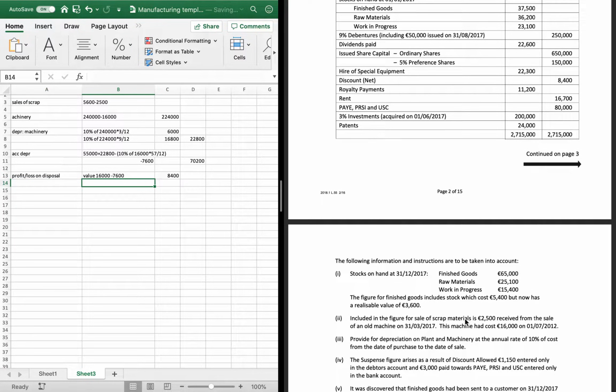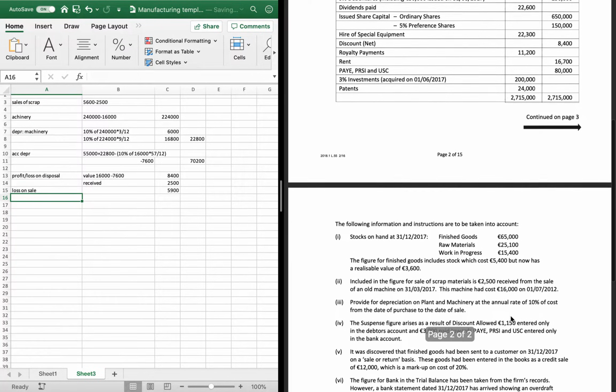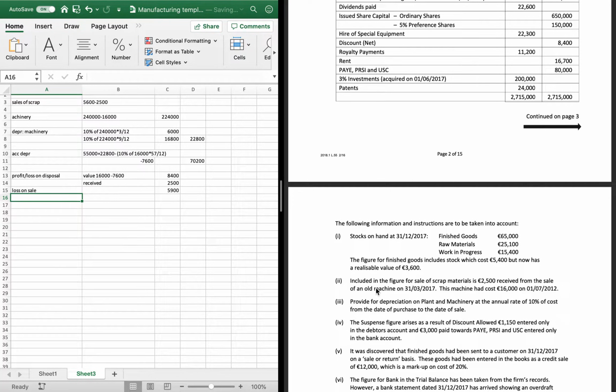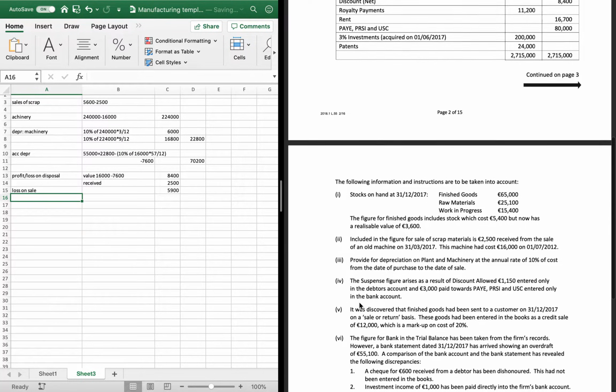Compare that to what you got. We received 2,500. That means we made a loss of 5,900. Okay, so that's that one done. That's 2 and 3 done at the same time.